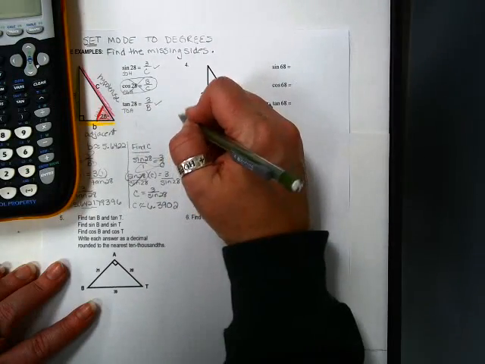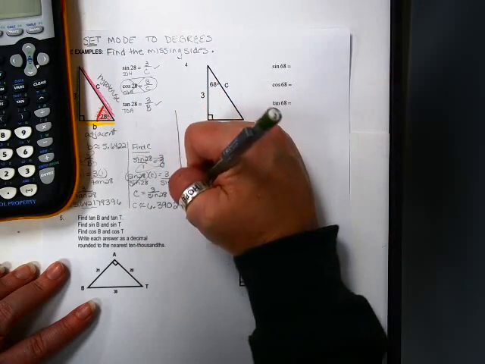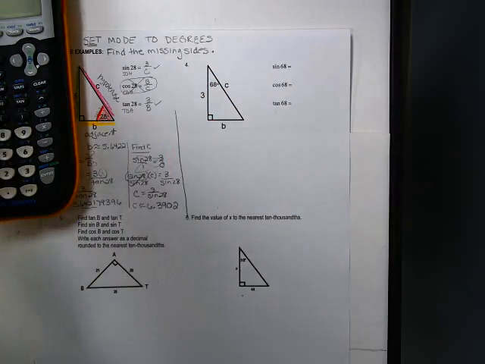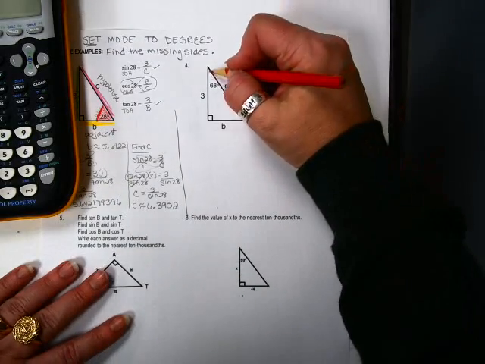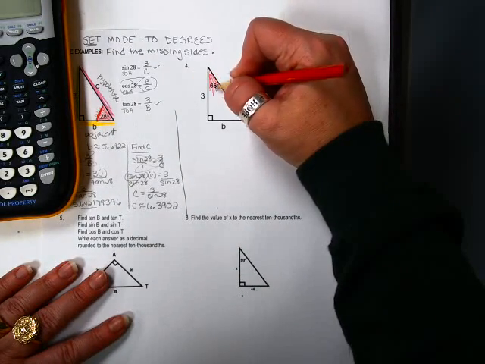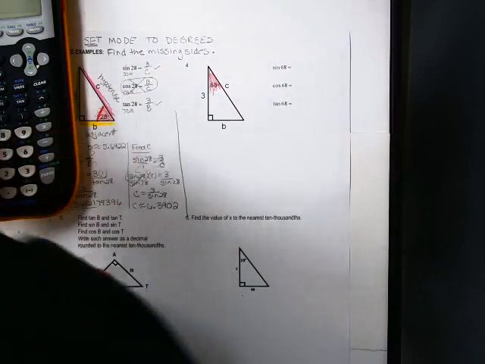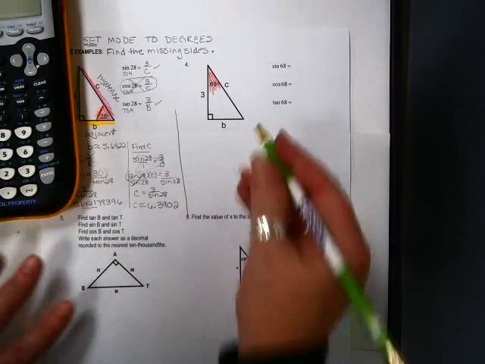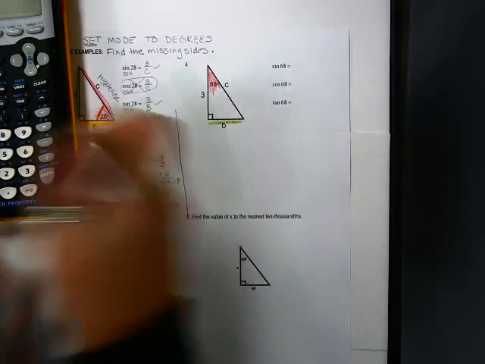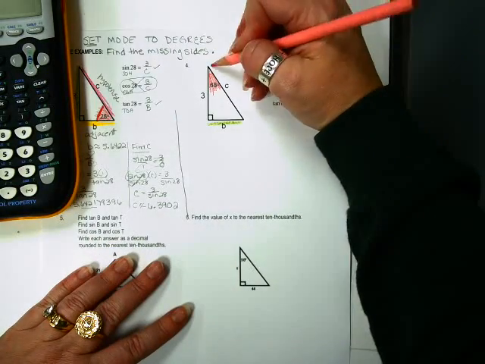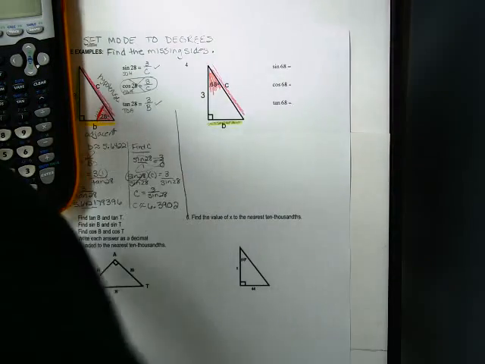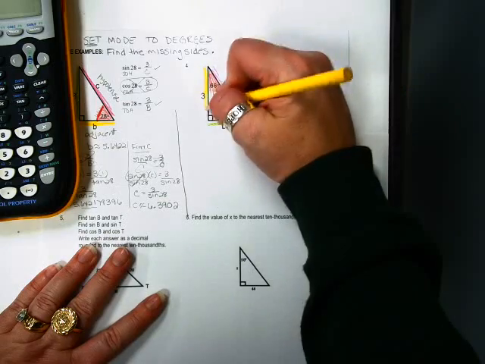Okay, next problem. This one is up here. There's my angle. I always identify this one first. Then this is going to be opposite. This is hypotenuse. This is adjacent.